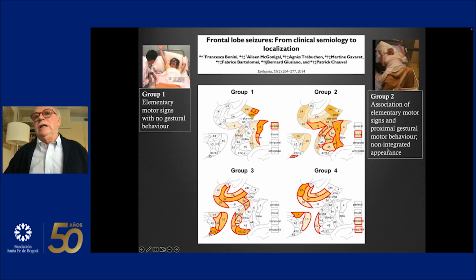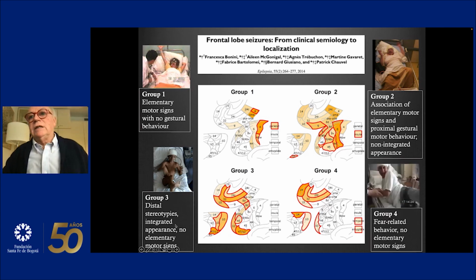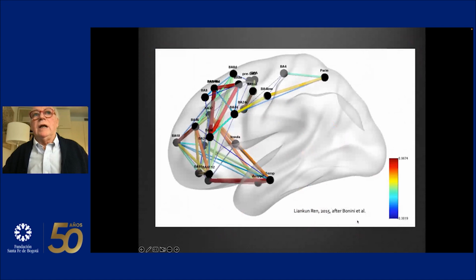It's non-integrated, but not purely motor, it's also gestural. Group 3 is the more anterior: you see area 10, like the lady I showed you, distal stereotypies, integrated, apparent, no elementary motor signs. And here it's the fear-related behavior with no elementary motor signs. The difference with this one is that it's more medial, and it projects to the temporal lobe and amygdala.